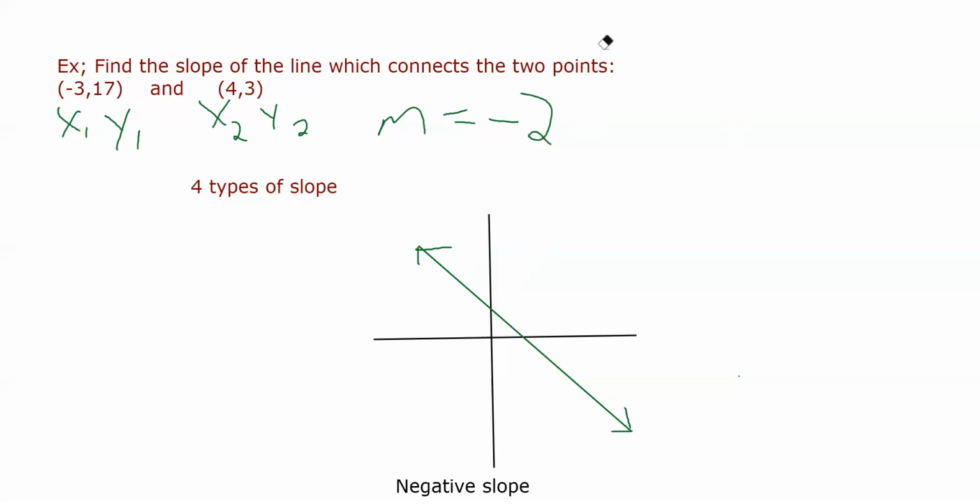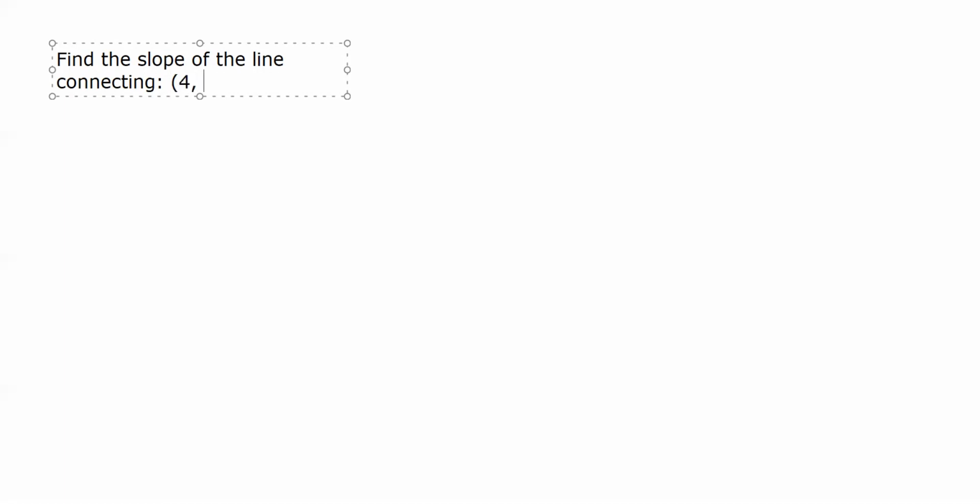All right, so let's make it more interesting than that. Let's talk about what a positively sloped line looks like, and you're going to see some fun stuff. So find the slope of the line connecting, how about the points (4, -9) and how about (1, -16)?